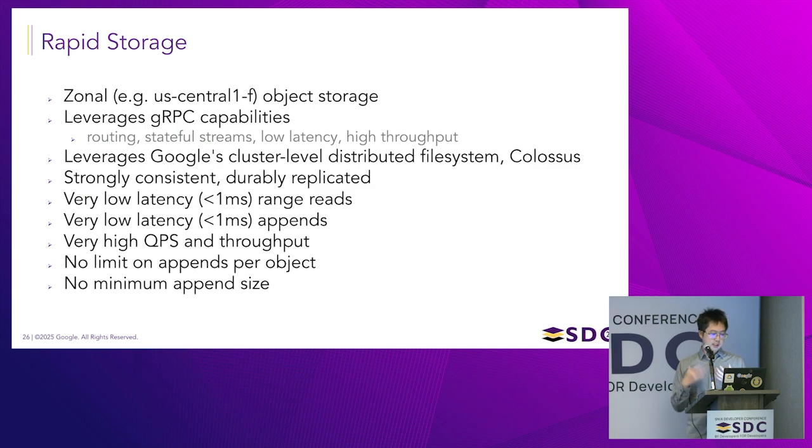We're still able to maintain the same strongly consistent, durably replicated capabilities that customers are used to, modulo some hand-waving, since with zone versus region there are going to be slightly different reliability characteristics. But again, this allows us, once the stream has opened, to perform subsequent range reads and appends significantly faster.